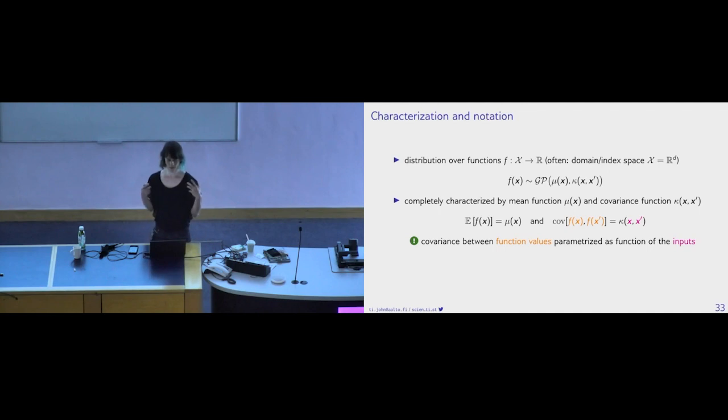So the covariance function defines how similar different points in the space are. If the similarity is high, then we're saying the function value at x and the function value at x prime should be roughly the same because x and x prime are similar. That could be, for example, because they're close to each other, or, in a time series problem, because one is exactly 1 year after the other and you have some seasonality.